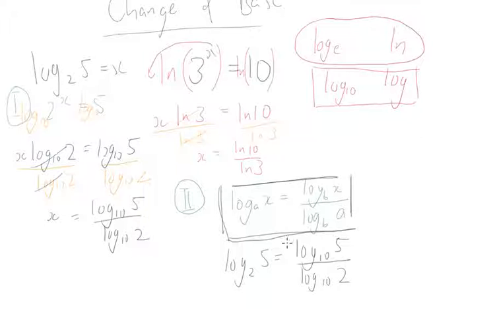It's a little bit arbitrary just going from the formula to the new bases. That's why, like I said, I prefer method 1, but either one will generally do.